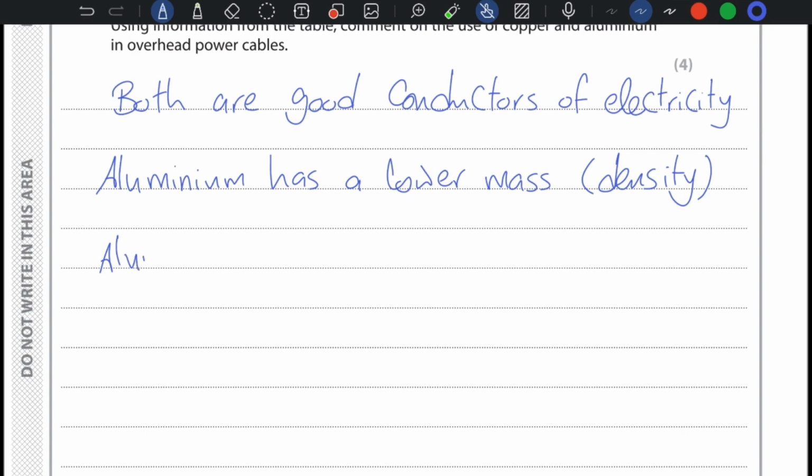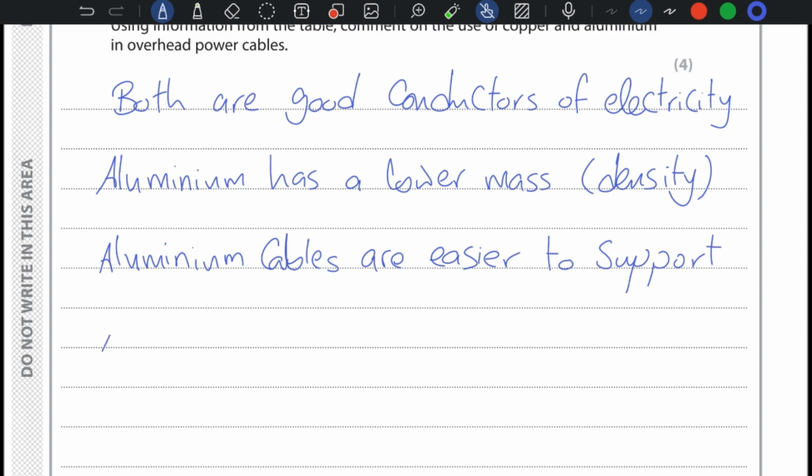Aluminium cables are easier to support, not heavy. Also, aluminium cables are cheaper.